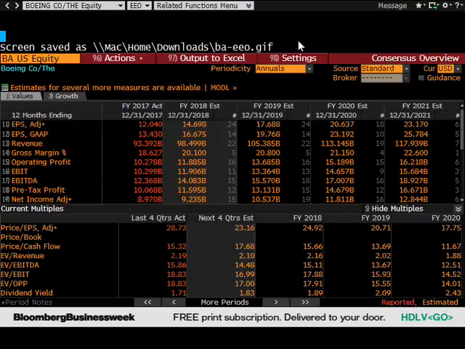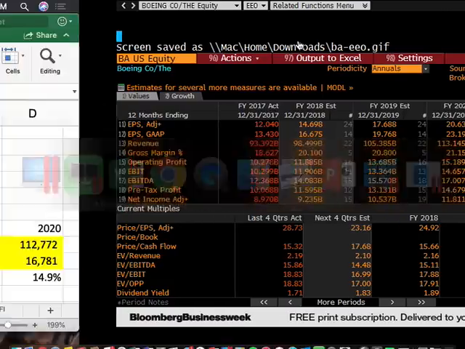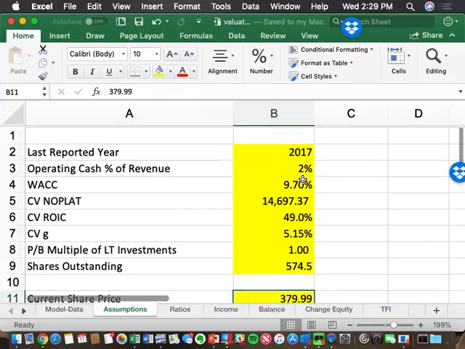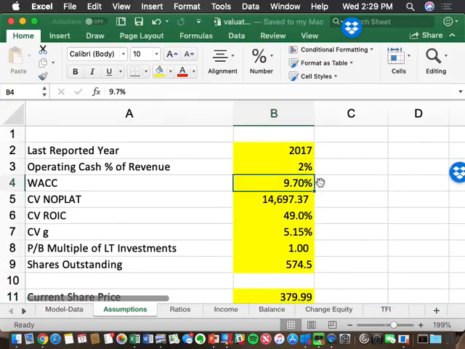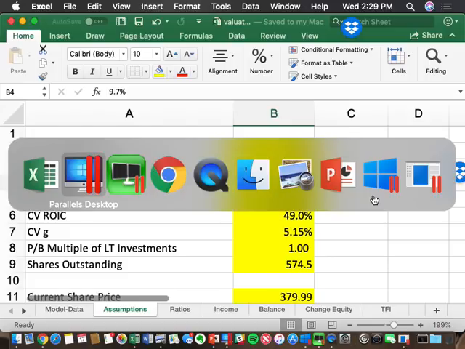All right, so here's the deal. When I go into my model, the WACC has changed. This you don't see very often. 7 days ago, Boeing's WACC was 9.7%. 7 days later, Boeing's WACC is 10.2%.